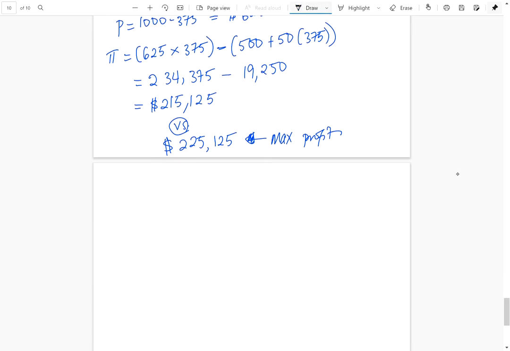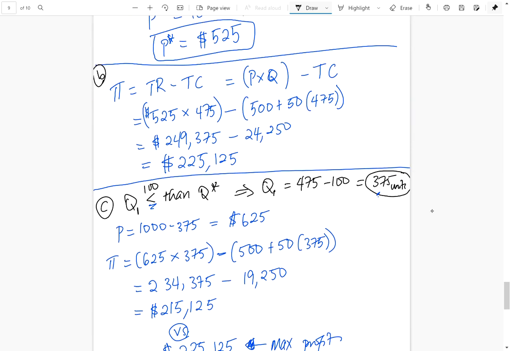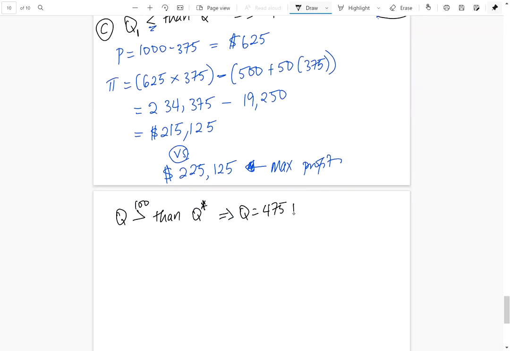Let's do that. So with Q greater than, with 100 greater than Q star, we have that Q will be equal to 475, which was our Q star, if you remember, right? 475 plus 100, which would be equal to 575 units.